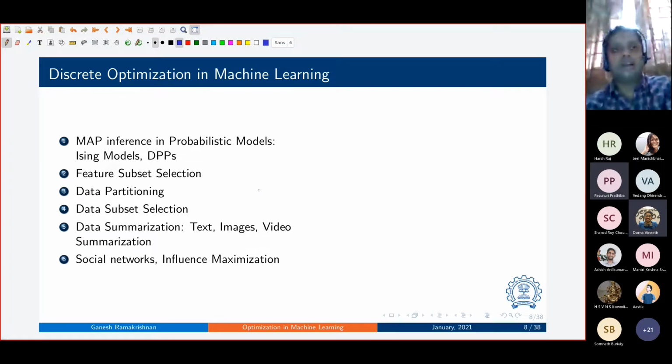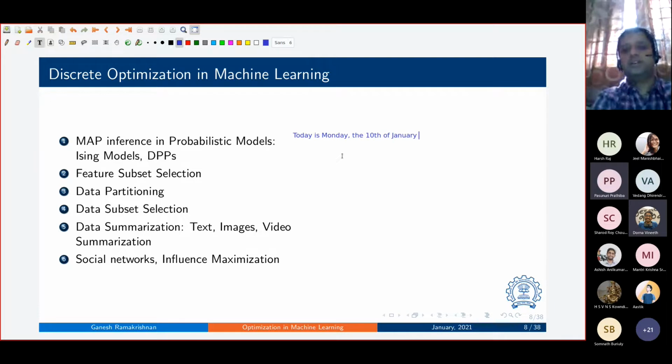If you're trying to find a sequence of parts of speech tags for a sequence of words in a sentence, let's say the sentence is: today is Monday, the 10th of January 2022.